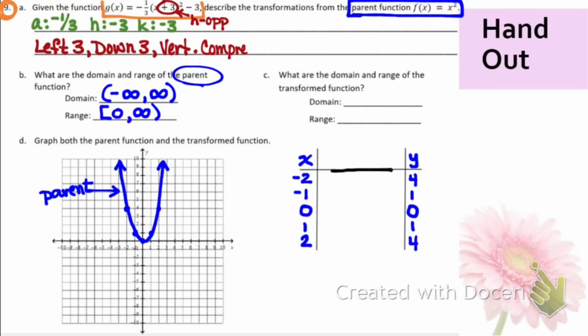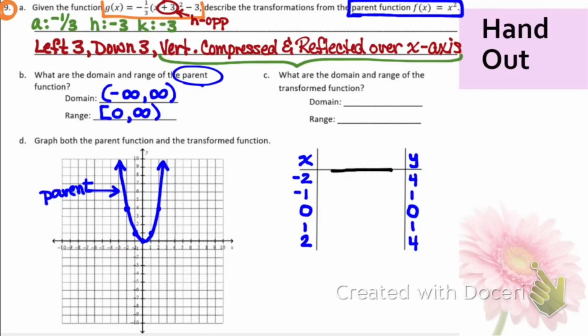Because it's negative. So vertically compressed and reflected over the x-axis. Both of these pieces are happening because of A. I agree, A is doing the most right now. Which of these things actually affect my x's?